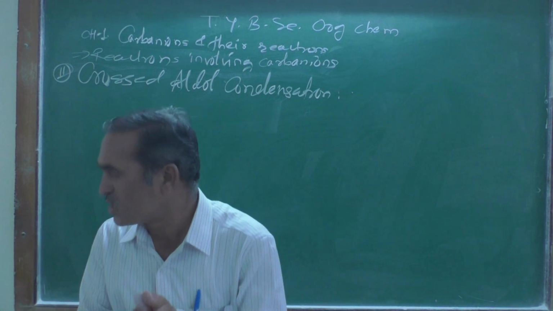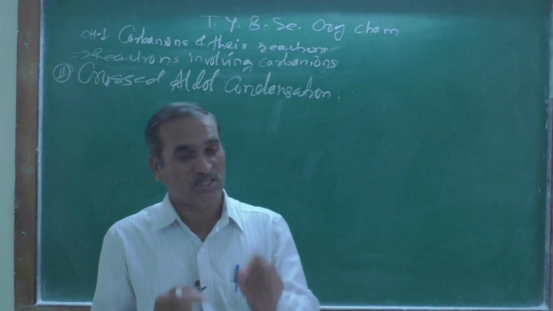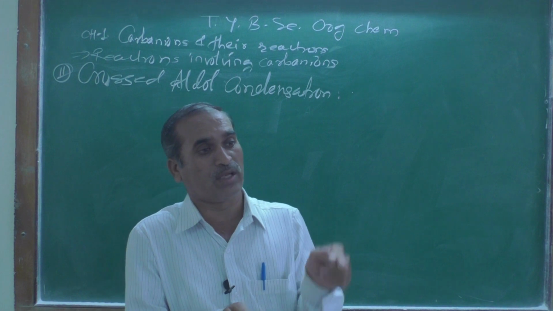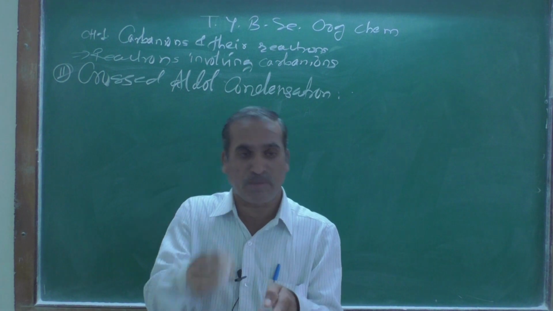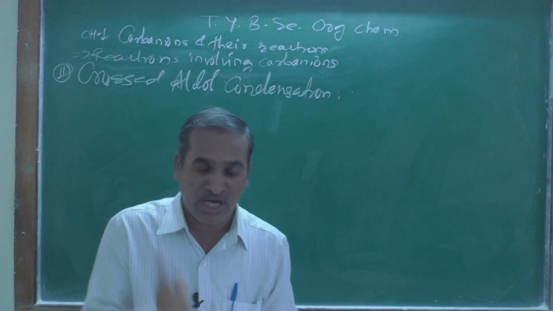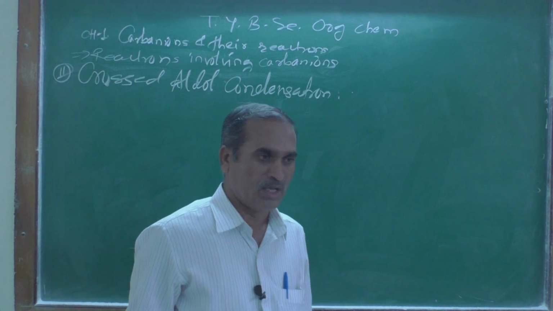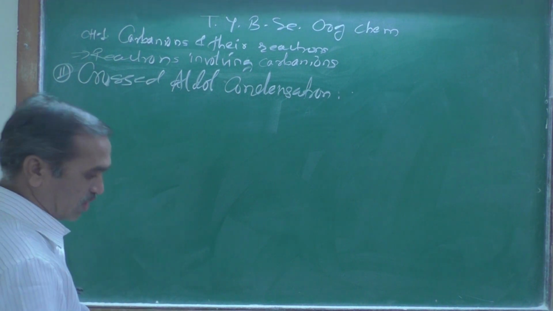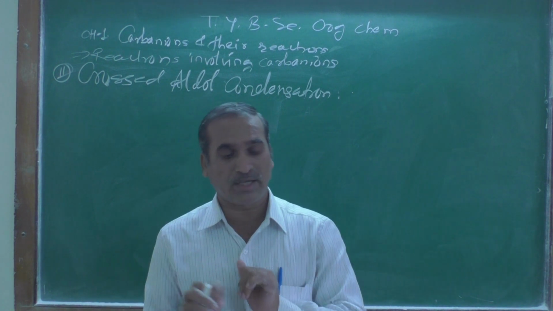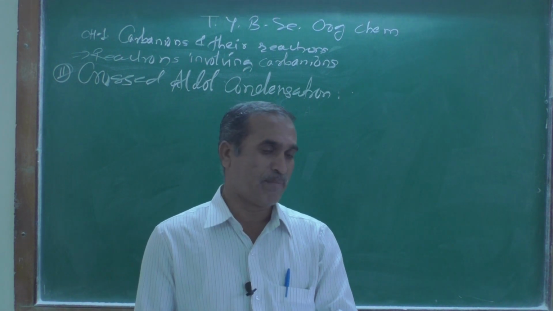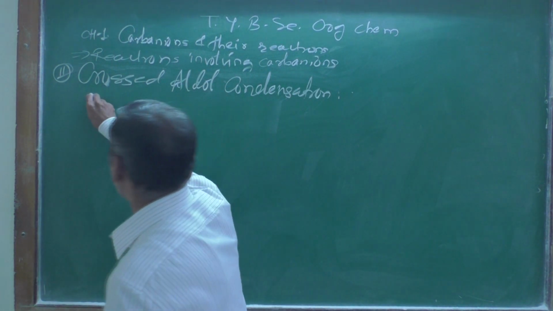Two molecules get condensed together, and there is a formation of a new carbon-carbon bond, because this reaction involves a carbanion. That's why the aldol condensation reaction is synthetically very, very important. In a cross aldol condensation reaction the criteria remain the same, but there are some additional new points you have to remember.